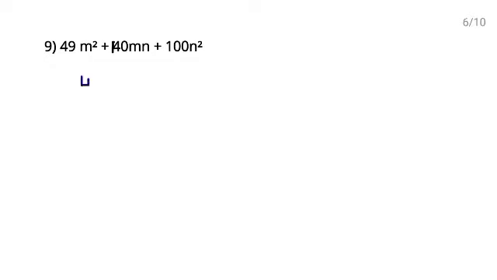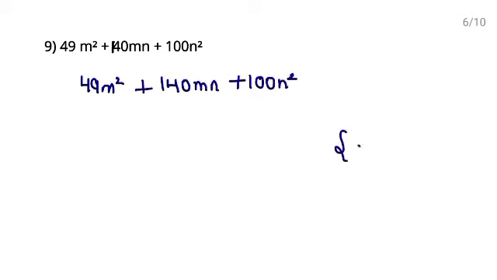Next question is 49m square plus 140mn plus 100n square. Again use the identity a square plus 2ab plus b square is equal to a plus b whole square, right?